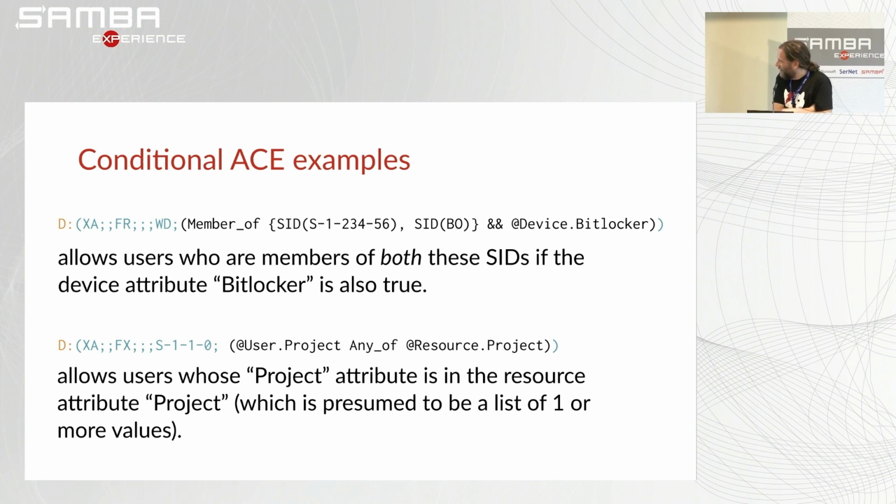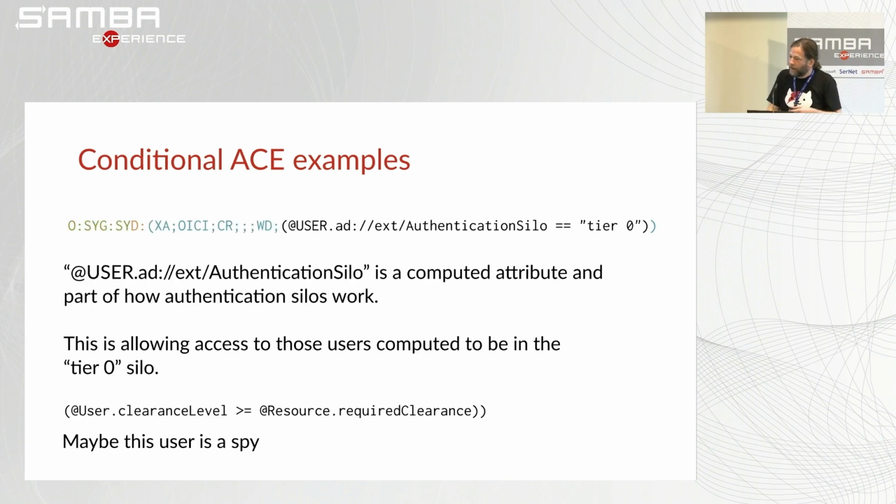And so now this one is saying the user project attribute can be any of the resource project list. So the resource project attribute can be more than one thing. Now the resource attribute is not like the other ones, like the user and device. It actually comes from another kind of ACE, which I'll get to.